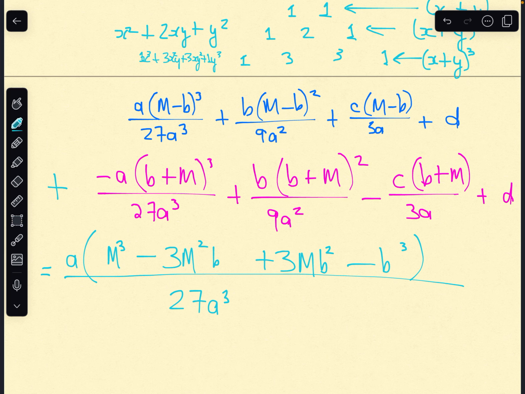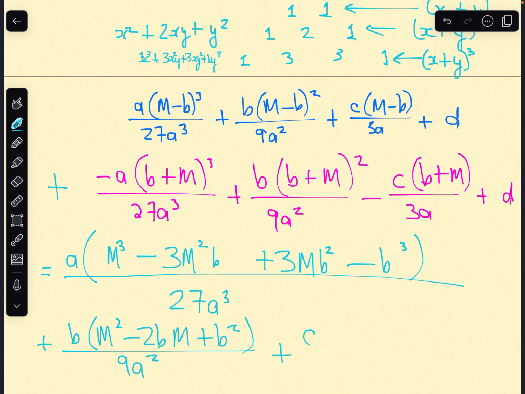Now to do the rest. The next term is b times m minus b squared. That one we know is m squared minus 2bm plus b squared over 9a squared. And then this one is c times m minus b over 3a, and the d plus d we can already see is 2d.